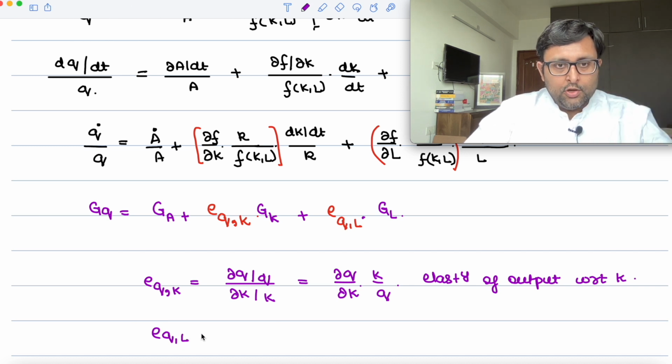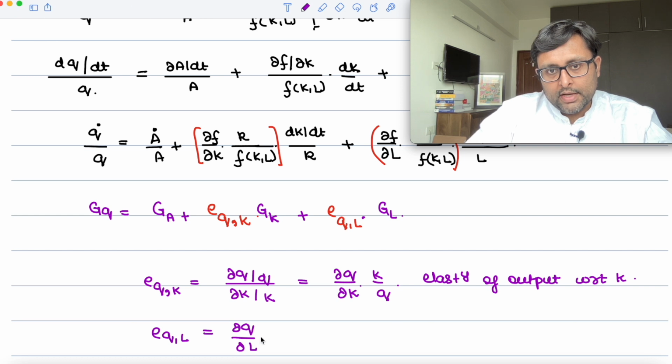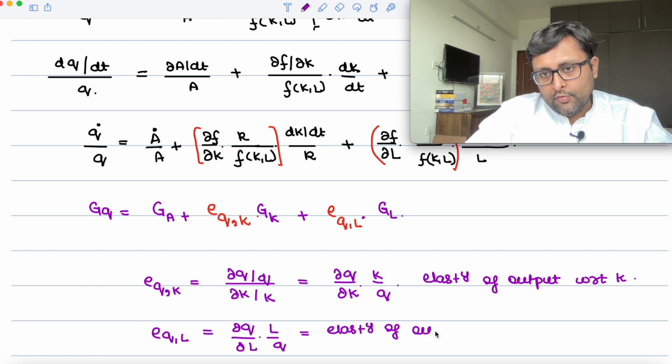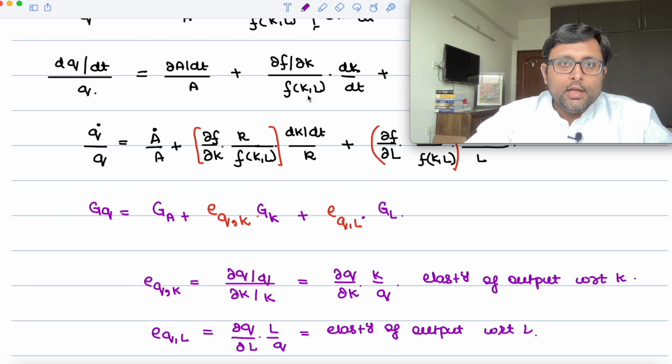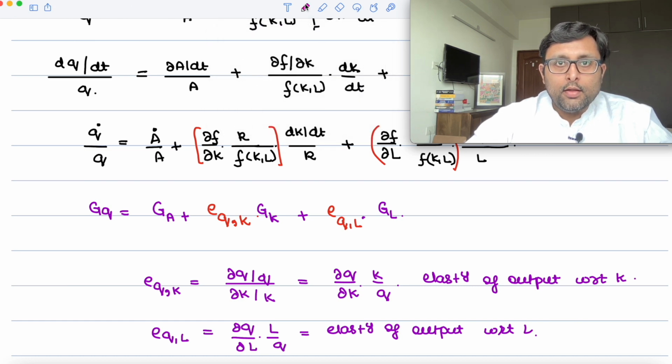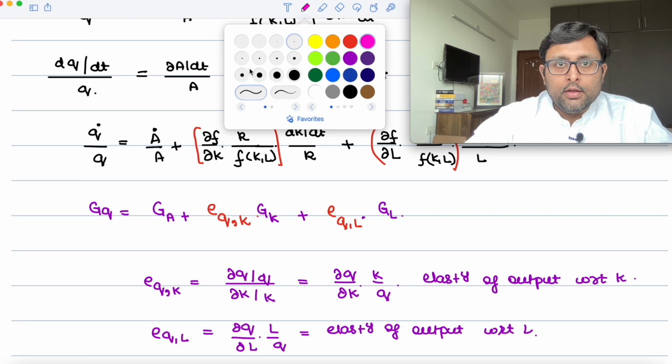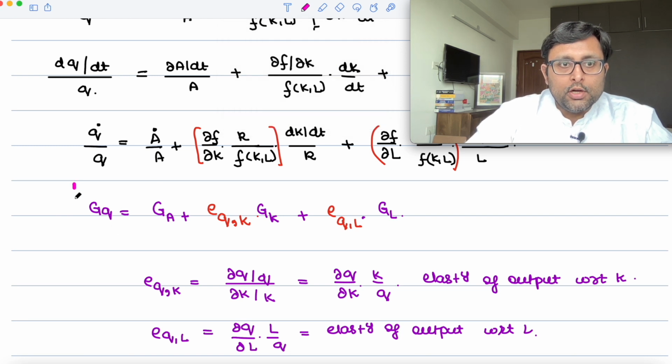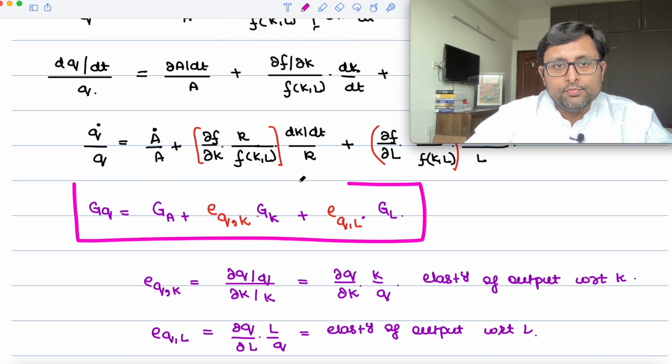Similarly, you have EQL, that is del Q by del L into L by Q. This is elasticity of output with respect to labor. And this is what my growth accounting equation is. This guy, right?